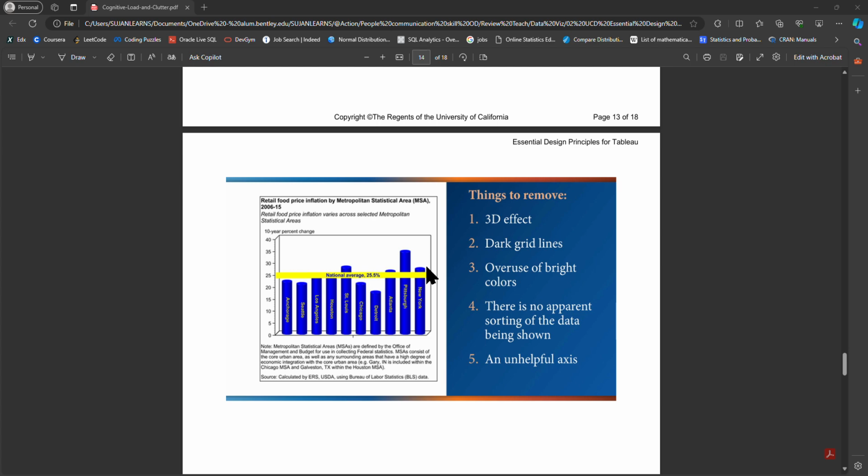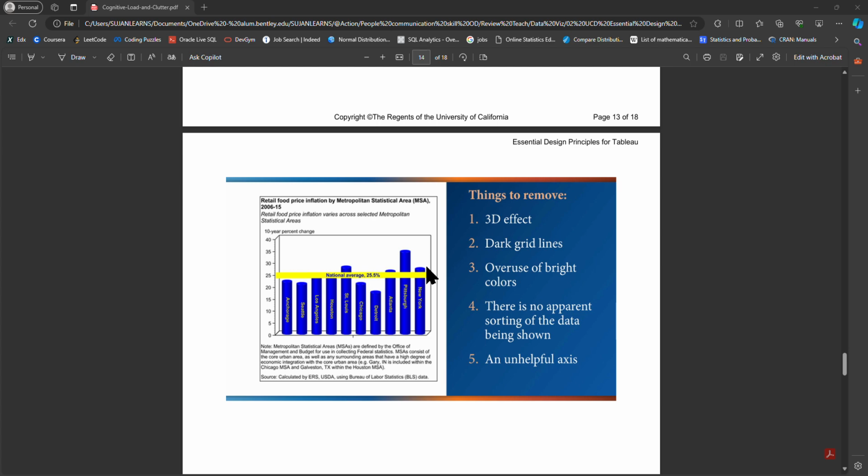There are certain ways to use lights or colors in the graph, and overuse of them distracts the user from reading the graph. There are deeper sessions regarding how to use the right color balance in a graph, which we'll talk about later. Fourthly, in this graph, there are bars from left to right, and there's no apparent sorting of those bars.